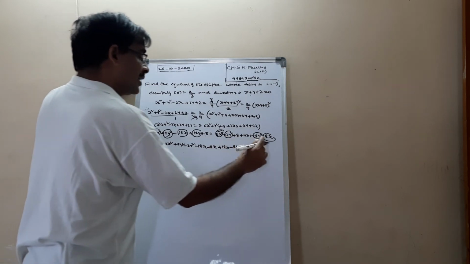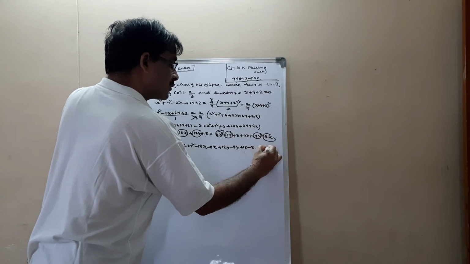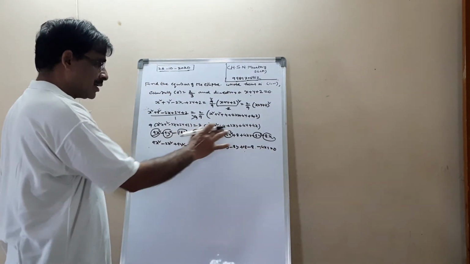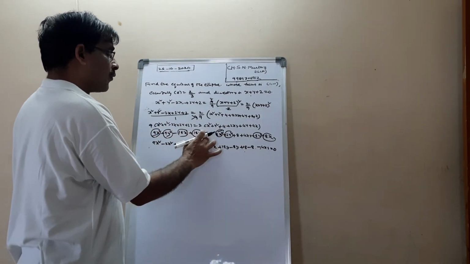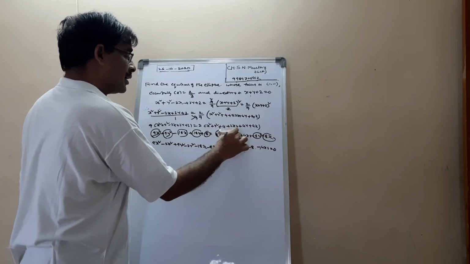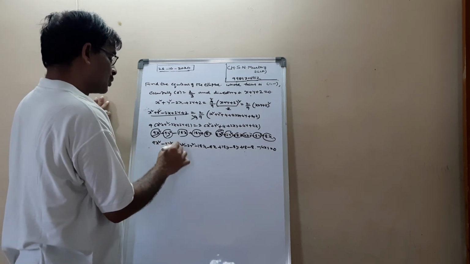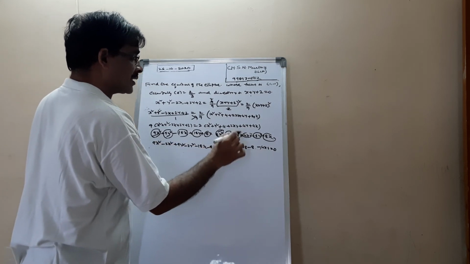We forgot the 4xy term, so you write here minus 4xy. Once you check, there are 11 terms. I have written 11 terms, and here also 11 terms.